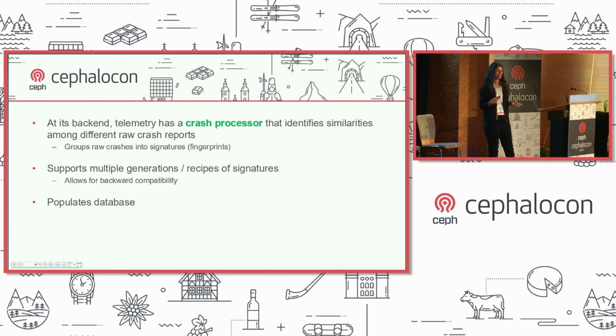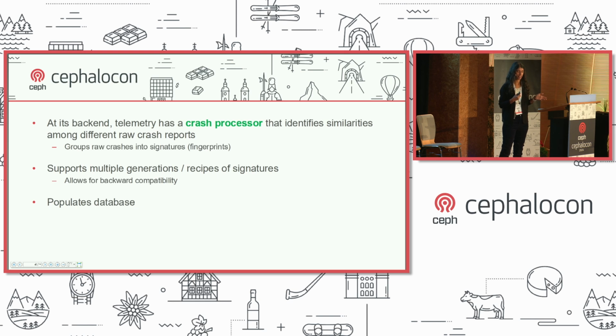And at our backend, we have a crash processor that identifies similarity among all these different raw crash reports, because there could be very minor differences between those crashes, but at the end of the day, it's the same bug, or it's the same issue.